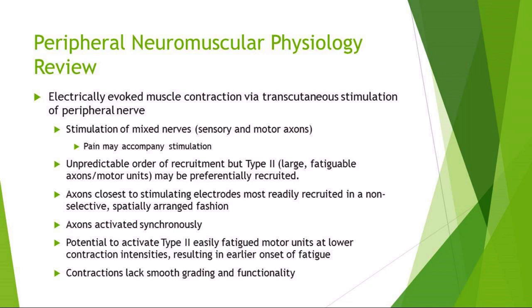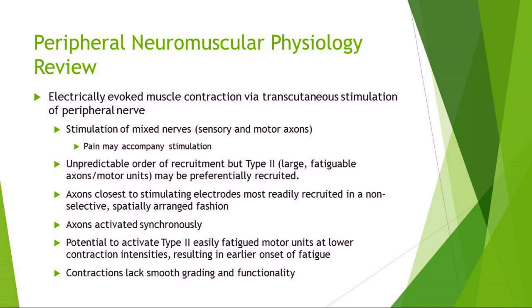When you have an electrically evoked muscle contraction, there is an unpredictable order of recruitment. So you get type 2 recruitment preferentially. Those are the large, more fatigable axons and motor units. Axons that are closest to the stimulating electrodes are more readily recruited in a non-selective, spatially arranged fashion, versus physiological stimulation, which recruits in a smoother manner.